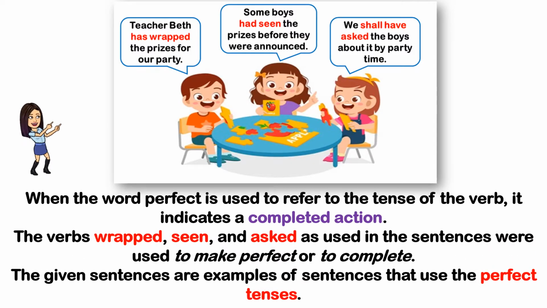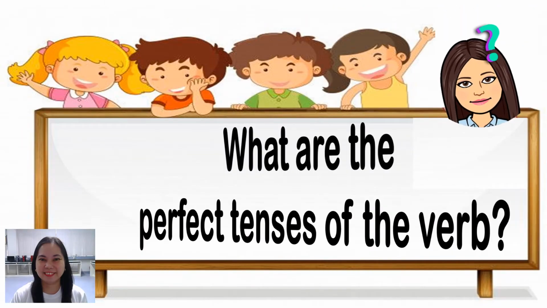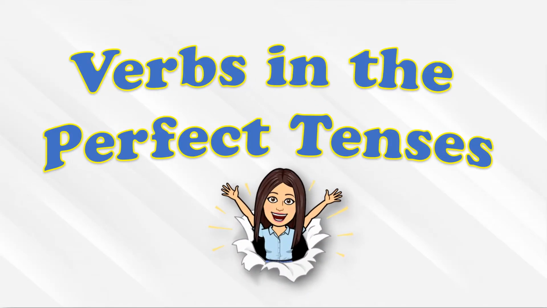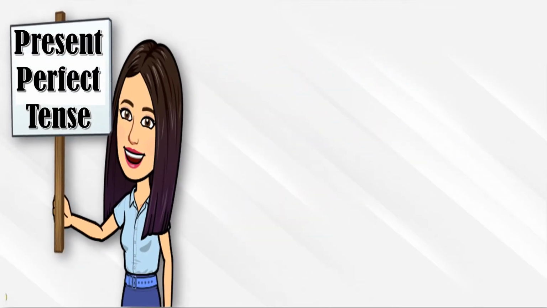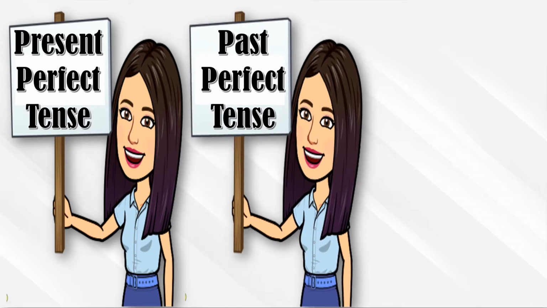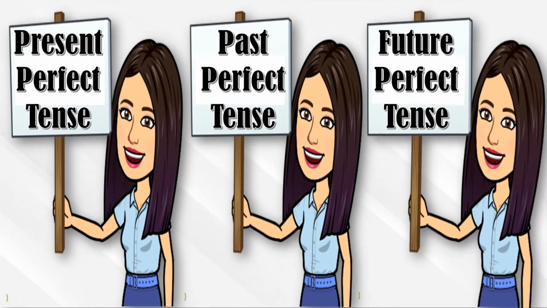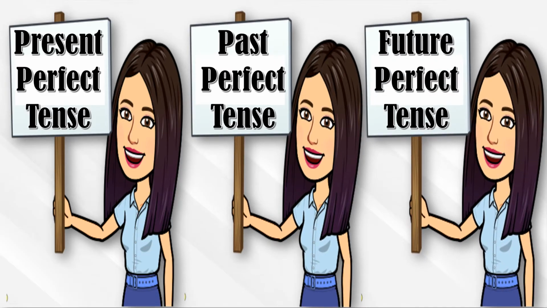The given sentences are examples of sentences that use the perfect tenses. What are the perfect tenses of the verb? These are the verbs in the perfect tenses: present perfect tense, past perfect tense, future perfect tense.